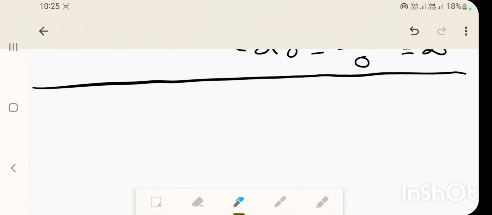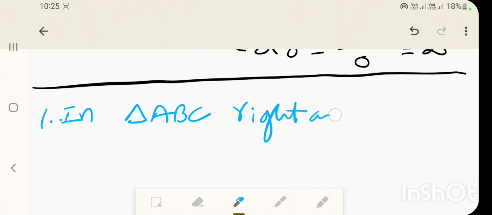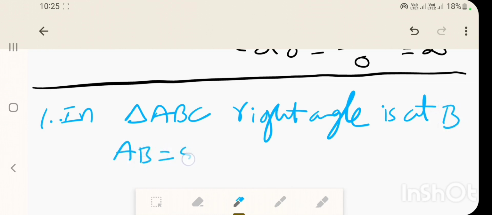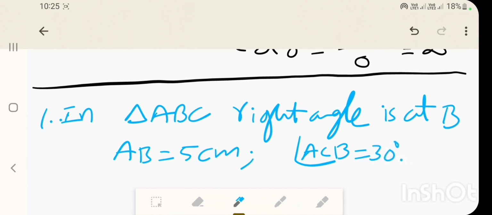Now we further continue. We will solve an example problem. Suppose they give a triangle ABC, with the right angle at B, and they have given AB equal to 5 centimeters and angle ACB is 30 degrees.